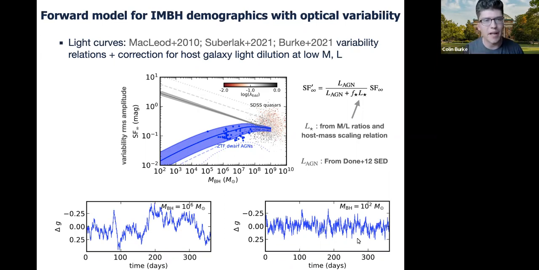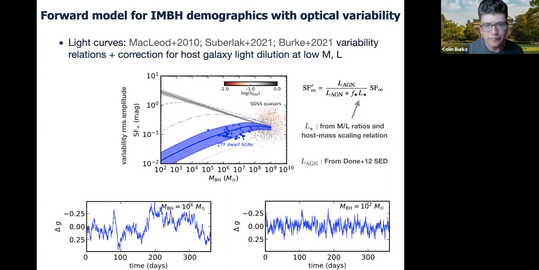You can see that the timescale is much shorter, and the optical variability amplitude is less, around 1/10 of a magnitude or less. So this is really challenging to observe with current facilities. But the scatter in the relation is large. So if you get lucky, you're probing the scatter in the variability amplitude at low masses.